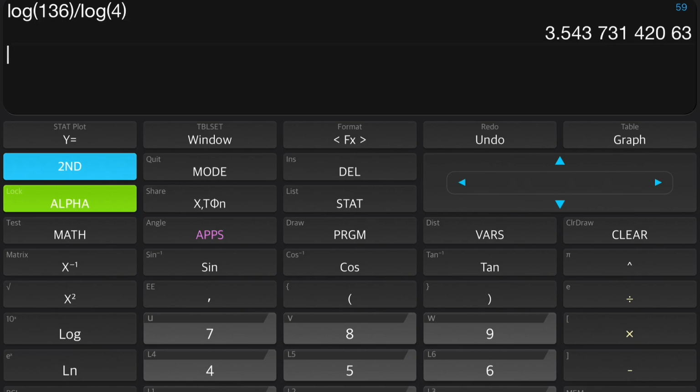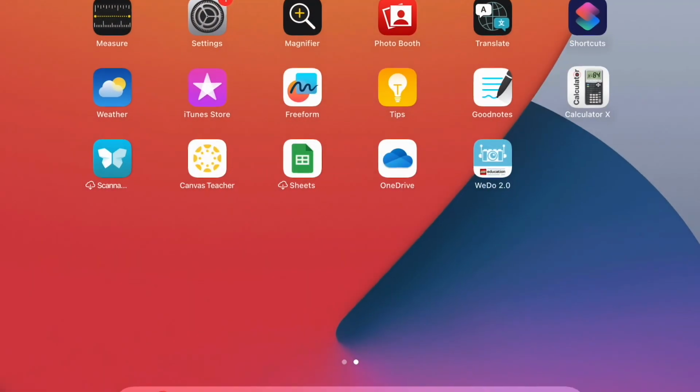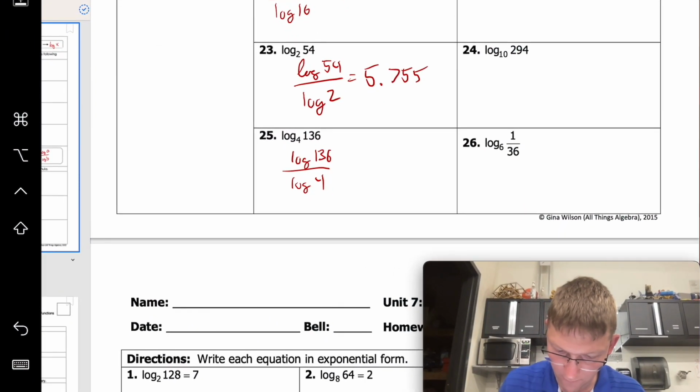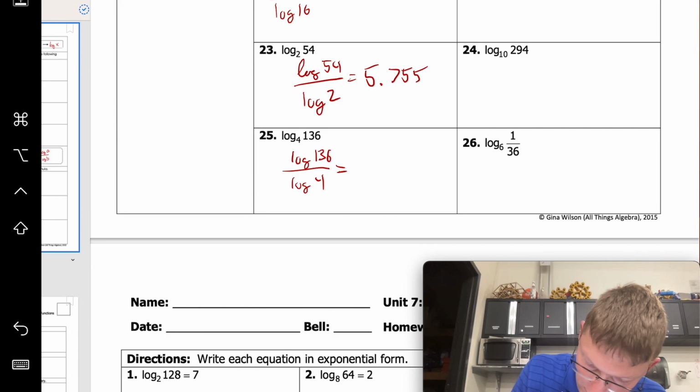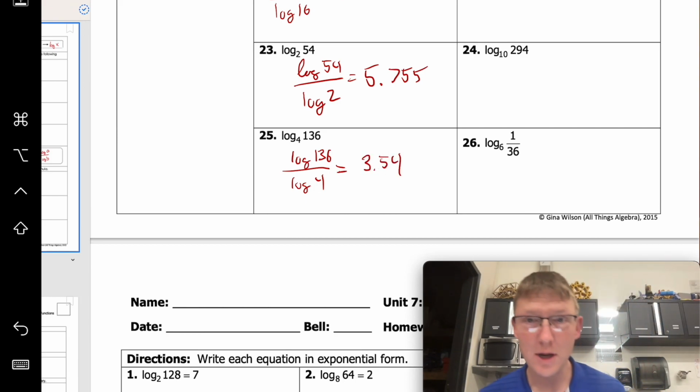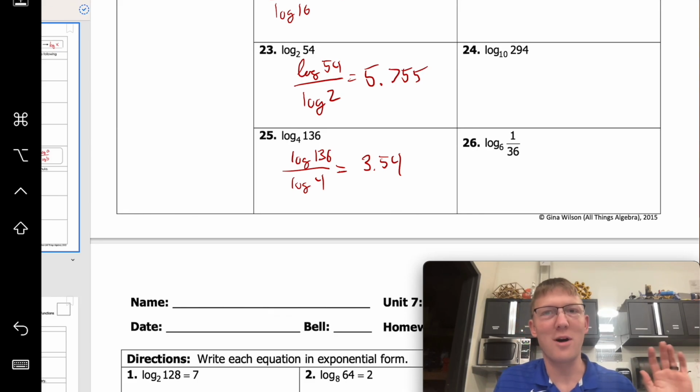We push enter, and our answer is 3.54. We'll say 2 decimal places is fine. So there you go. Welcome to the world of logarithms. It's going to change your world.